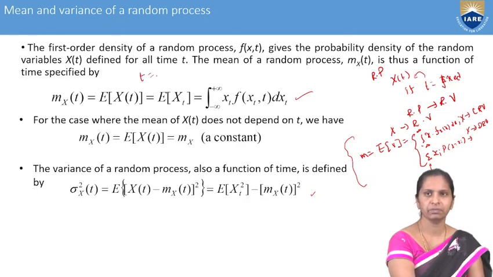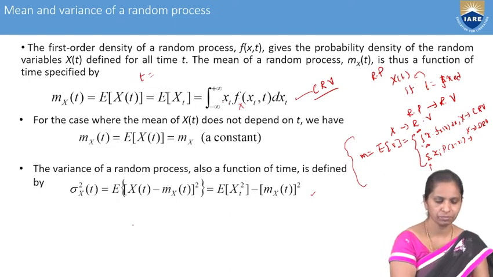So t may be t1, t2, t3 or it may be any value. For any t value, the mean of the random process x of t is equal to what? Integration in case of continuous random process. Expectation of x of t is equal to integration from minus infinity of x of t into fx of x of t comma t dxt.